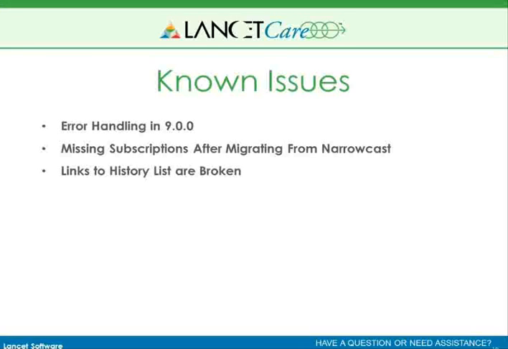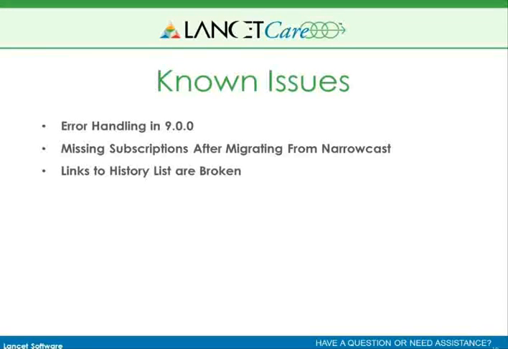What happens if a report fails? And there's actually an issue where despite setting the report to not deliver when no data is returned, an email is still sent without any data. This is fixed in 901, so if you've already upgraded to 900, you can do the incremental upgrade to 901 to take advantage of the fix.